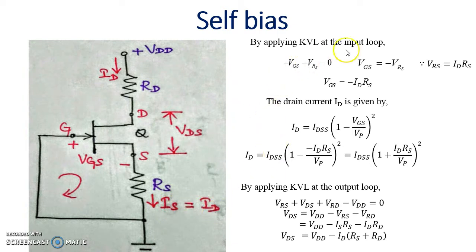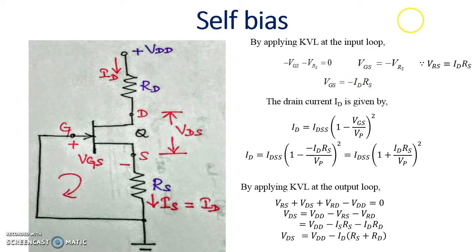By applying KVL at the input loop, we have minus VGS minus VRS is equal to 0. Therefore, VGS is equal to minus VRS. Since VRS is equal to ID into Rs, therefore VGS is equal to minus ID into Rs.